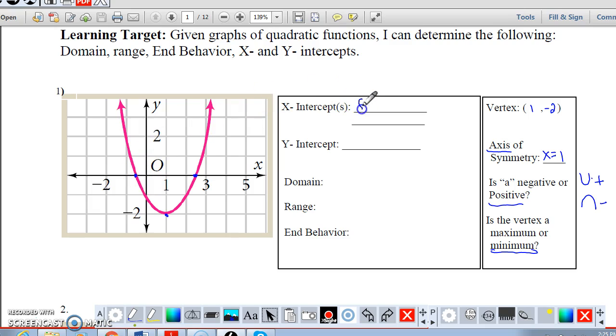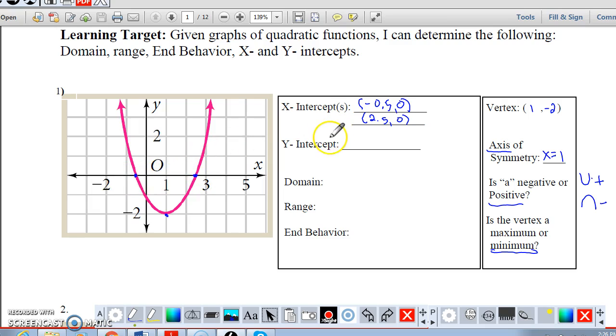So your x is negative 0.5, which is negative 1 half, comma 0. And the other one, this is 0, 1, 2, 2.5, so that will be 2.5, comma 0. I'm hoping that by now you realize that when you're looking for x-intercepts, your y coordinate is always 0, because all y coordinates along the x-axis are really 0.